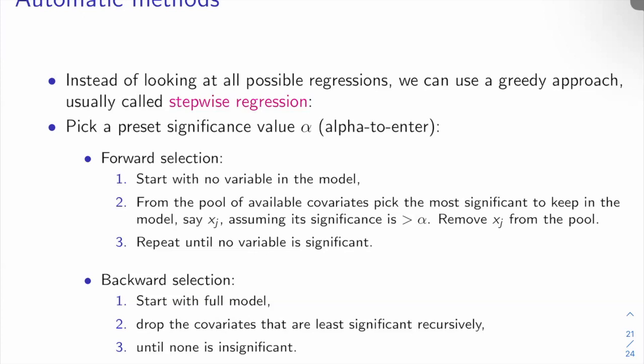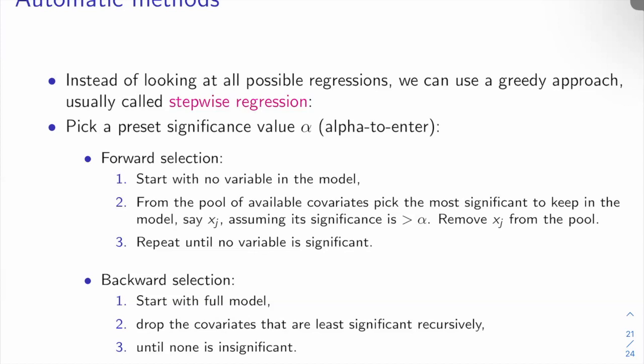We start with no variables and add one variable in. You can do it by any other criteria that we mentioned, the best one-variable model, or, for example, an F-test or a T-test. With no variables in the current model, test all possible one-variable additions, and the best one you include. Once you include it, it remains there.